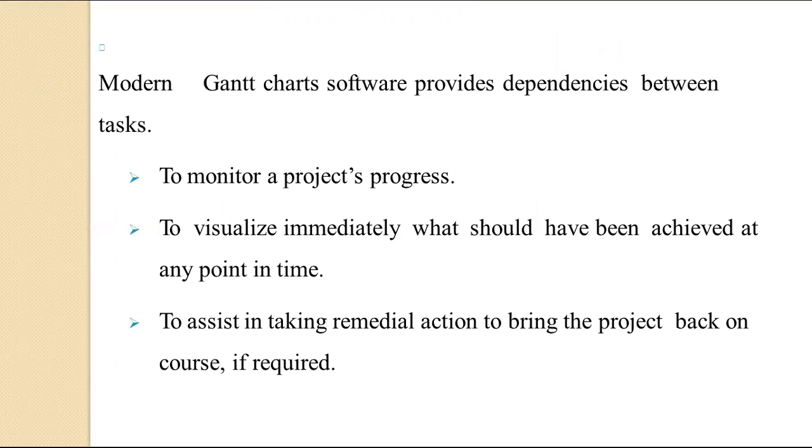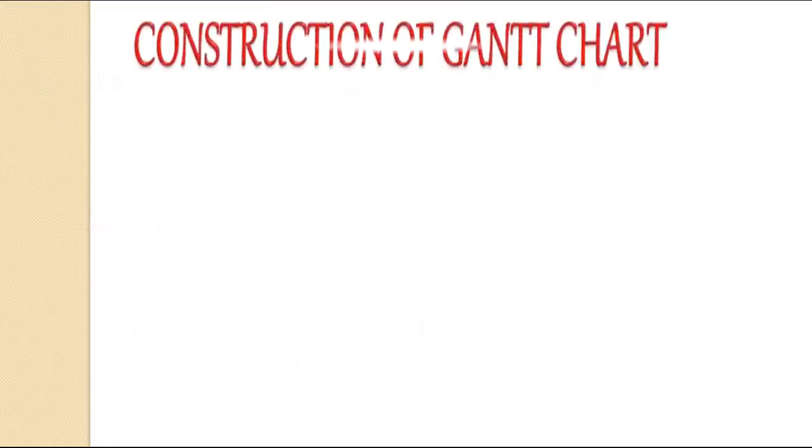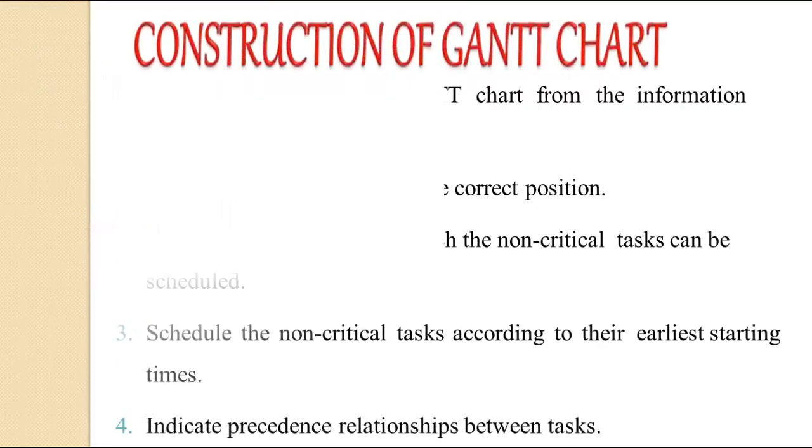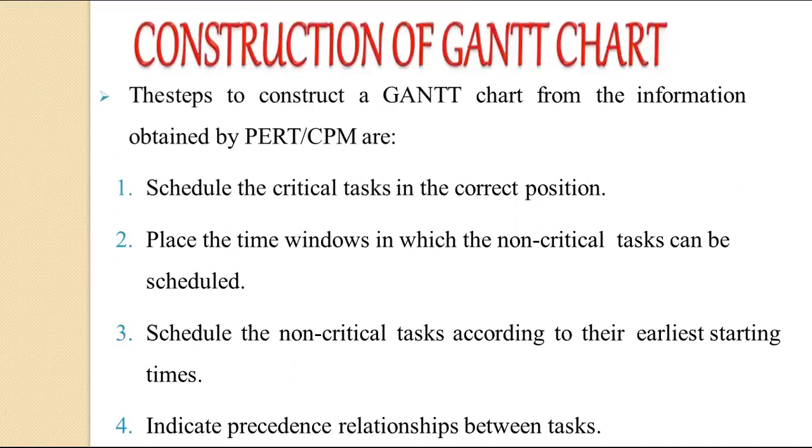Now we need to construct Gantt charts. These are the steps to construct the Gantt charts from the information obtained by PERT or CPM. One is to schedule the critical tasks in the correct position, place the time window in which the non-critical tasks can be scheduled, schedule the non-critical tasks according to their earliest starting times, and then indicate the precedence relationships between these tasks.